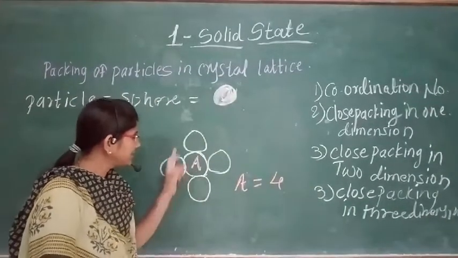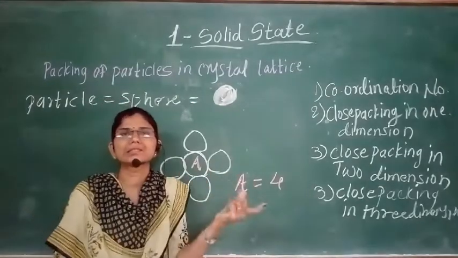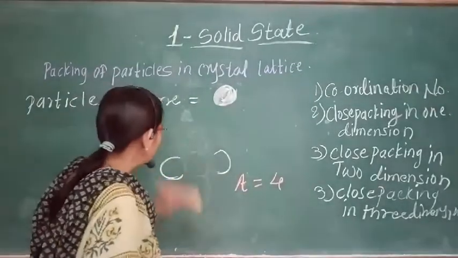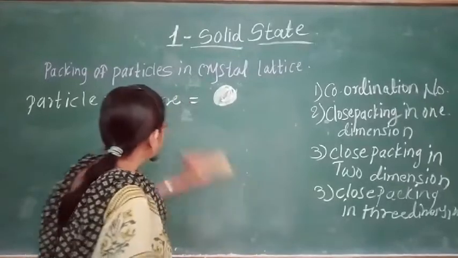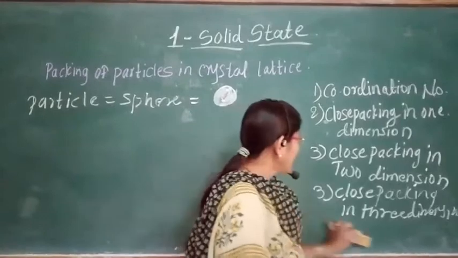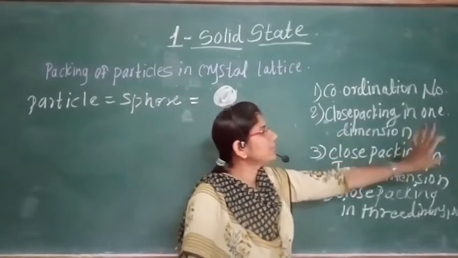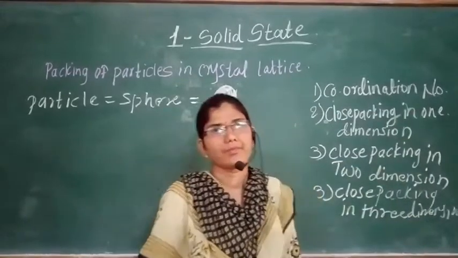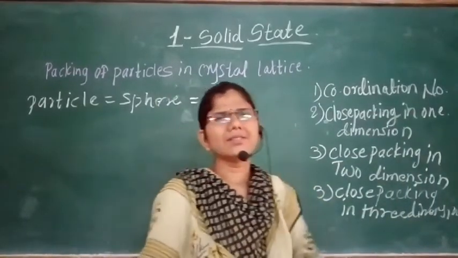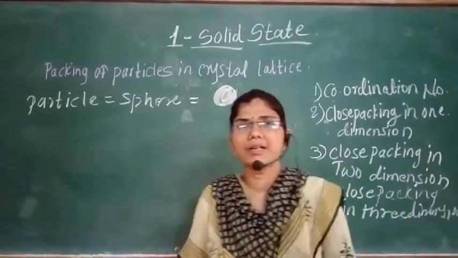That means this is the coordination number of this sphere. Sphere means it is considered as a particle, or the particle is considered as a sphere here. And therefore, first of all, we have the close packing in one dimension. As we discussed in our second or third video, what is meant by one dimensional arrangement?